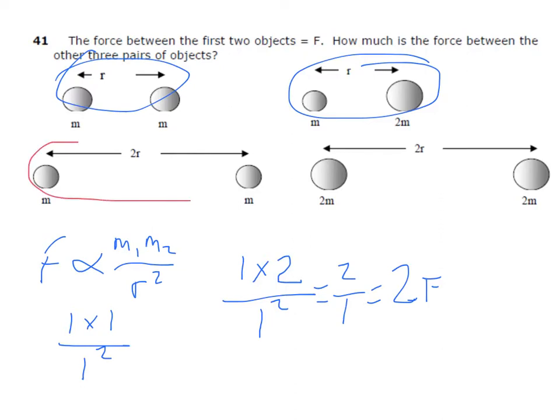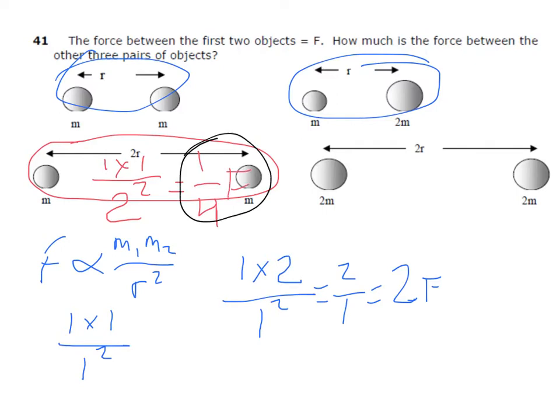Looking at this one right here, the two masses are unchanged, so we have 1 times 1 divided by 2 times the distance between them squared, so we end up with 1 over 4. So in this case, the force is equal to 1/4 of the original force.